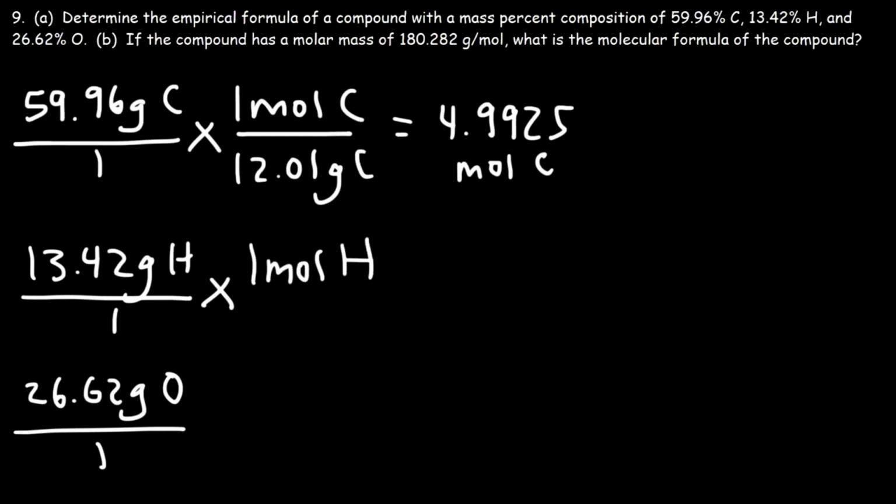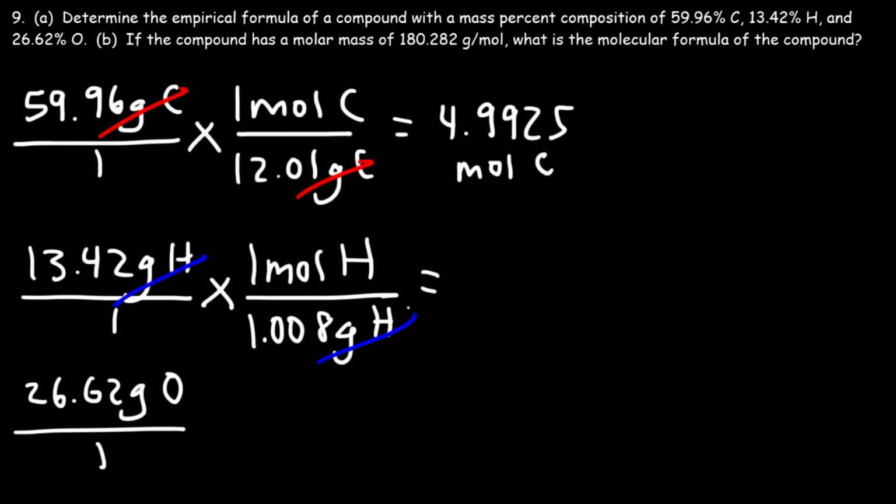Now for the next one, the atomic mass of hydrogen is 1.008. So set it up in such a way that the units grams will cancel. So if we take 13.42 and divide it by 1.008, that's going to give us 13.3135 moles of hydrogen.